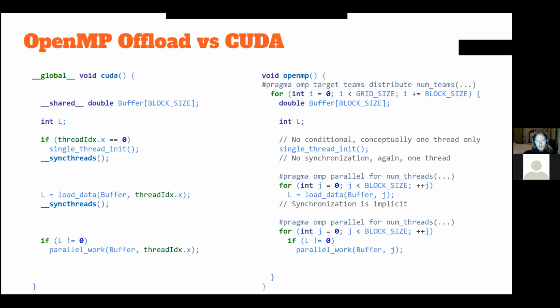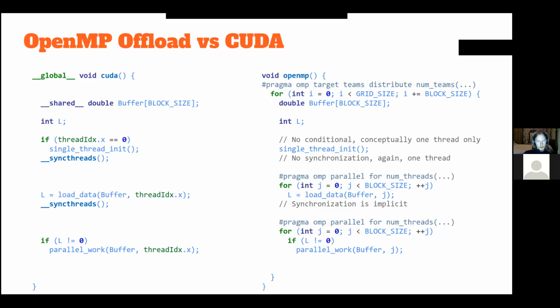So in CUDA, we have a blocked computation that uses a buffer to do some parallel work on this shared memory. We also have a thread private flag variable L. Now we do some single thread initialization work by checking if the thread executing this is thread ID 0, which we'll call the main thread.